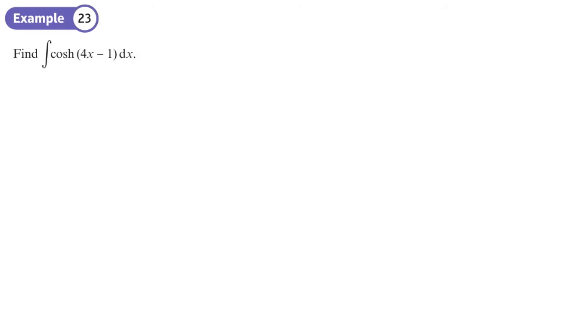Okay, this first example is of the type where we're integrating a function, and this bit here in the brackets is linear. When we use this, we get something like this. Two steps.